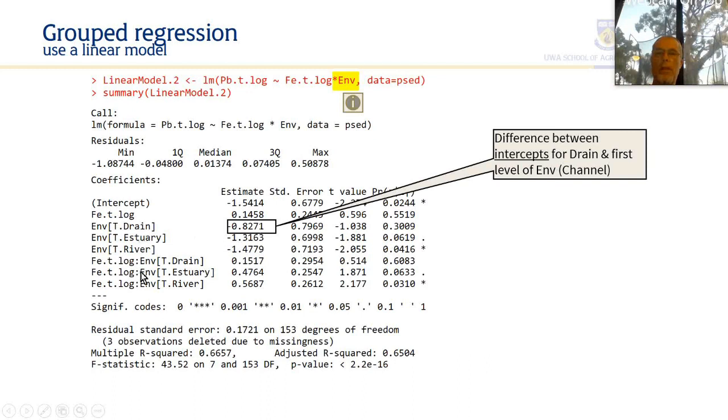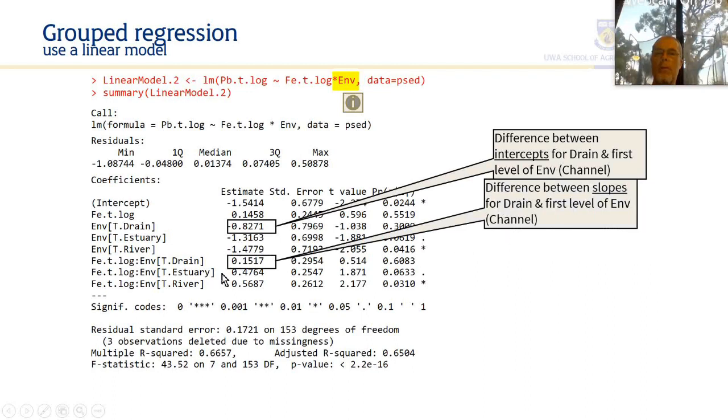We've got a list of intercepts and a list of slopes, and these are the difference between the intercept for the drain and the first level of our factor, environment, and so on. So this is the difference between the intercept for estuary and the intercept for channel. Similarly, we have this list being the difference in slopes, right?